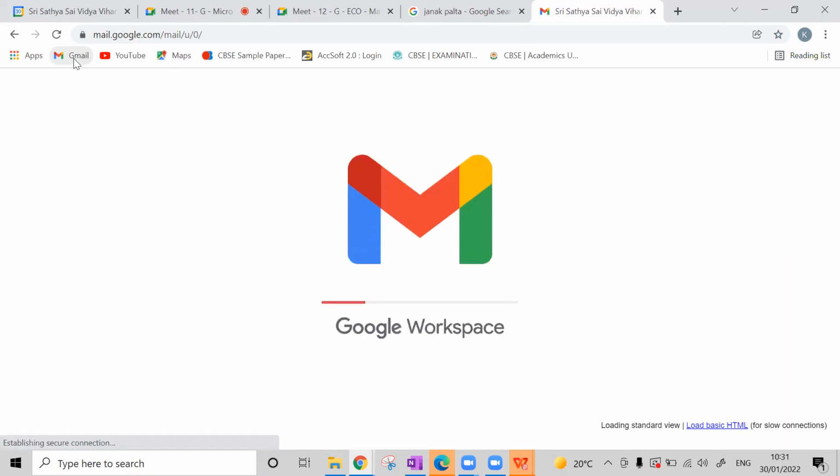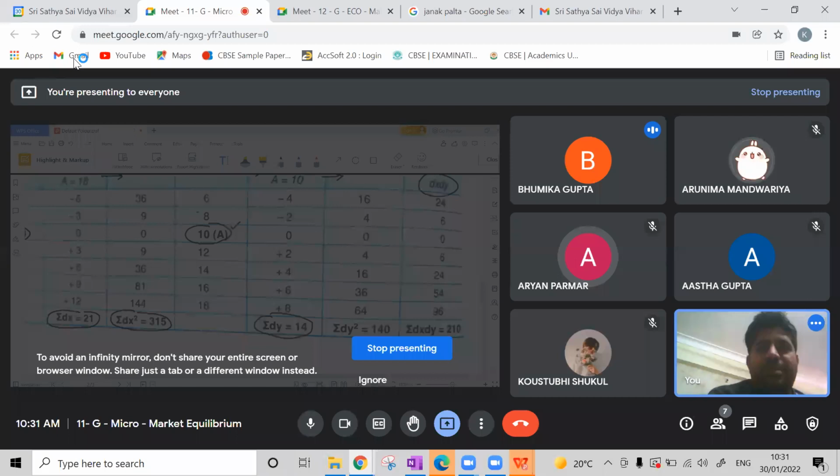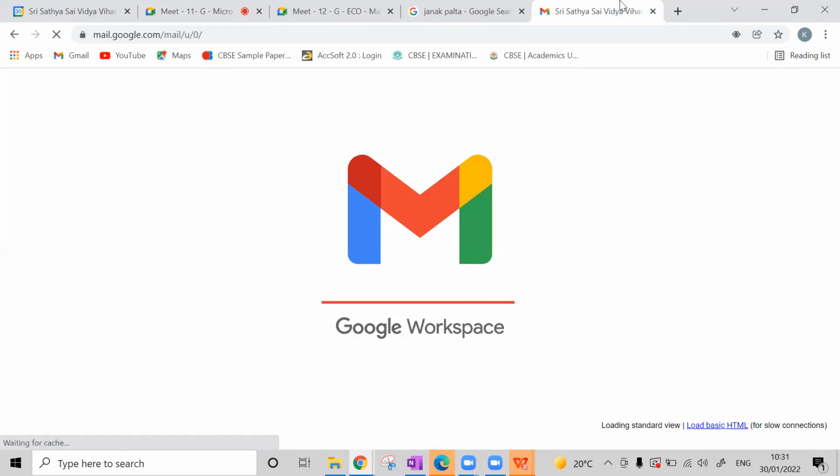Has everybody noted, yes or no? Only two answers I am getting, from Bhumika and Aryan. Asta and Kaustubi, what about you? Are you there in the meeting? Yes, Asta is right. Kaustubi? What about you, Kaustubi?